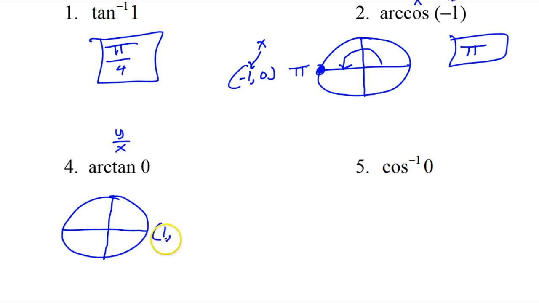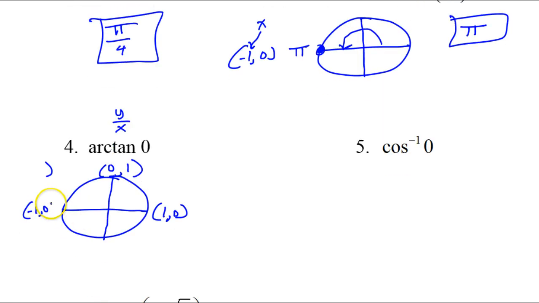And I've got these points like 1, 0, 0, 1, -1, 0, 0, -1. y/x, I want the answer to be 0. 0/1. Alright, this would be an answer right here. 0. Okay, the tangent of angle 0 is 0. So that's going to be the answer.